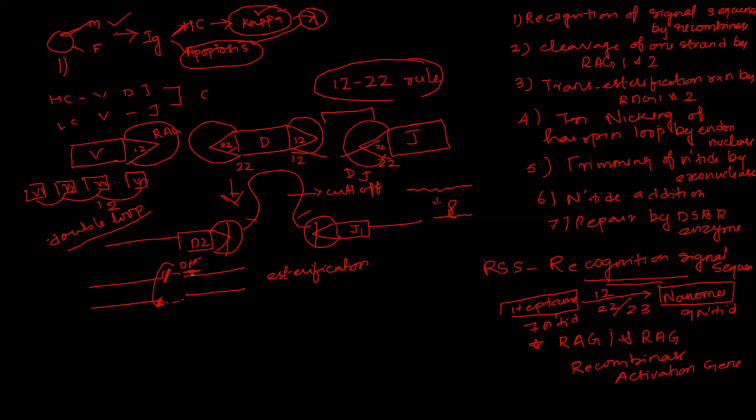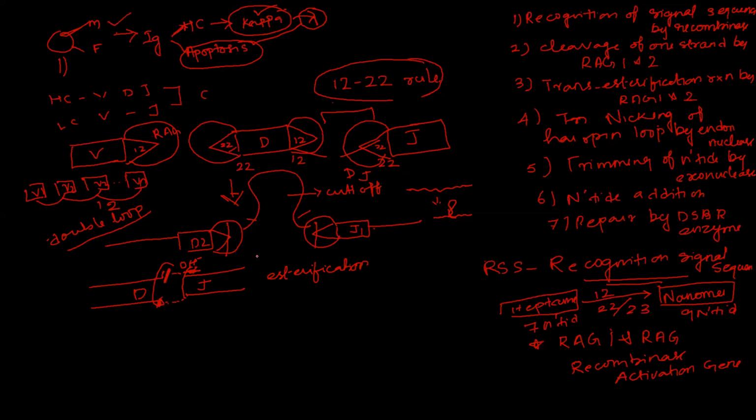And similarly, even here in the J region, there's a J and there's a D region, right? Similarly, the RAG cuts and makes a nick here. So I hope it is clear that once you bring these two regions closer, the intertwining DNA in between will form a loop and it just cuts off. A small portion of RAG will be present.